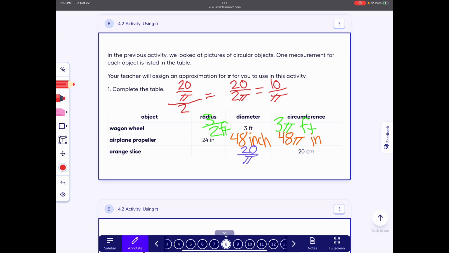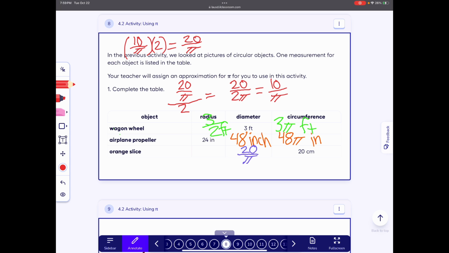If that's the first time you're using pi, and for a lot of us it probably is, we're writing fractions with pi, so it's a little more advanced than what we're used to. But you can check this. 10 over pi times 2 is 20 over pi.